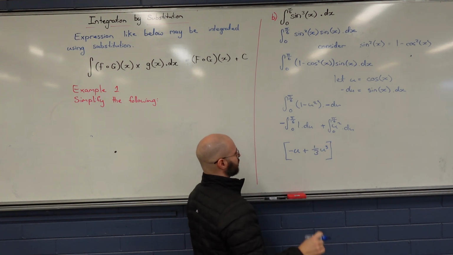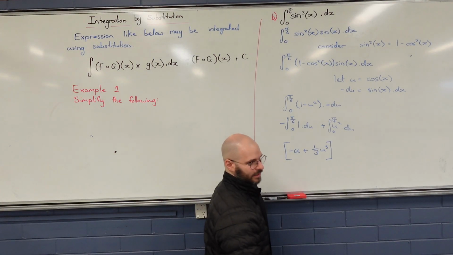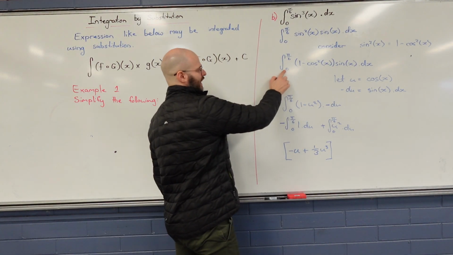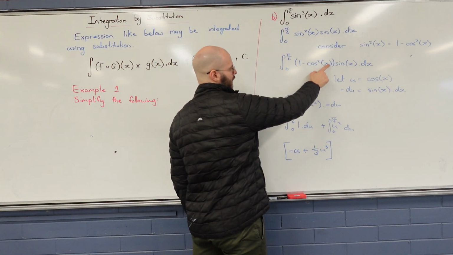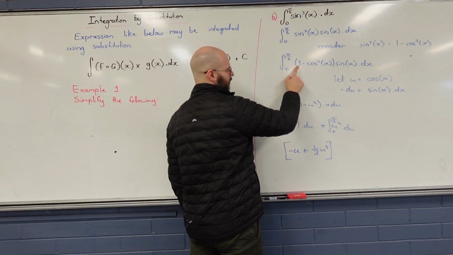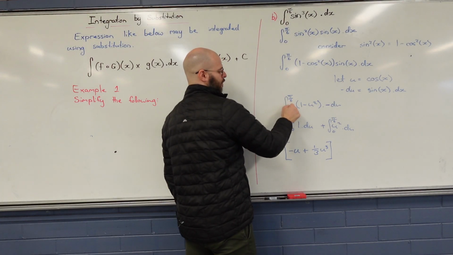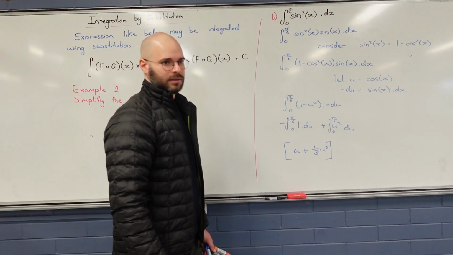And then I've done something a little bit silly here. We're not integrating with x down here, we're integrating with u, but I did not do anything to the bounds of integration. Should that matter?